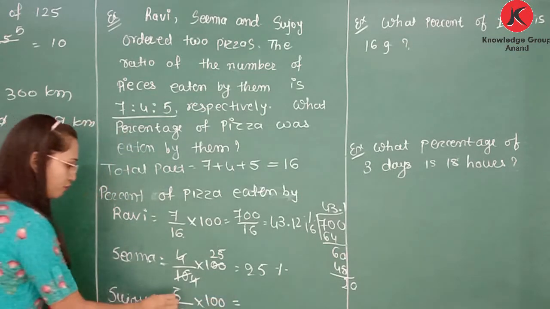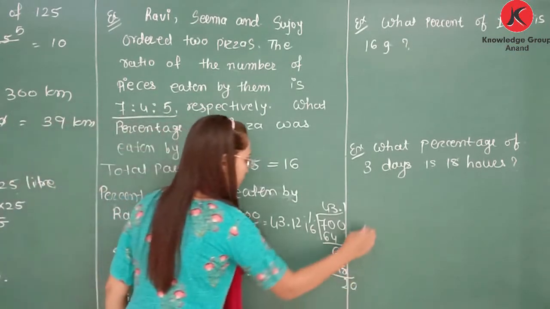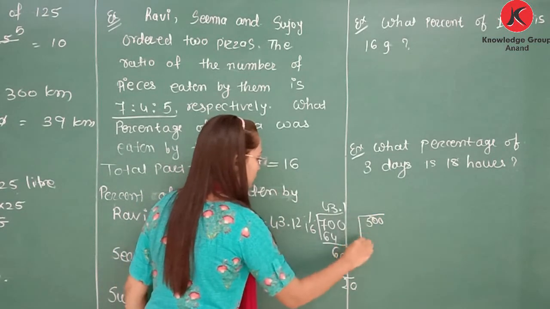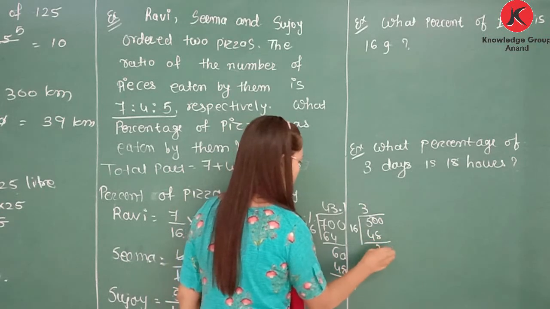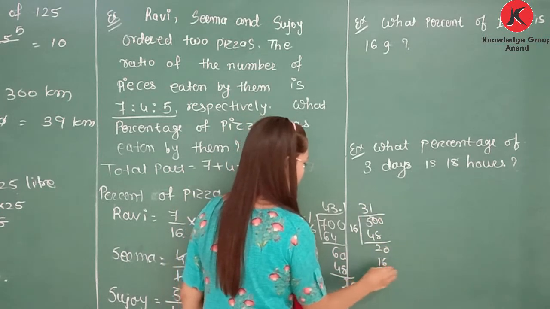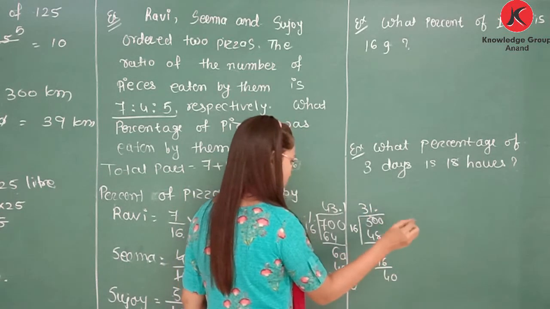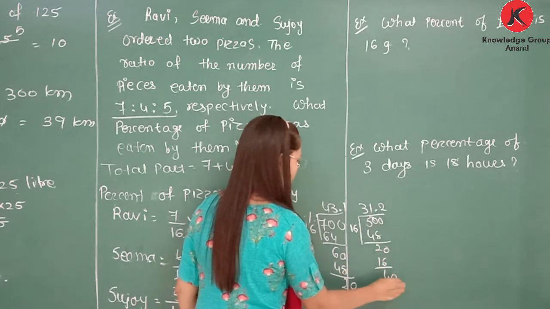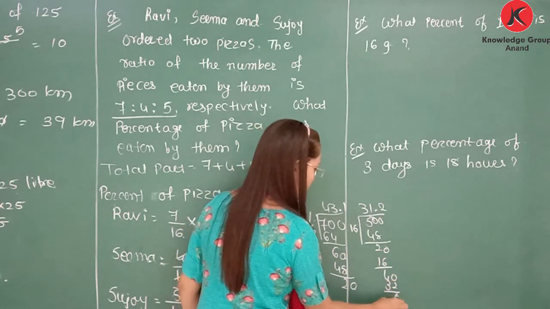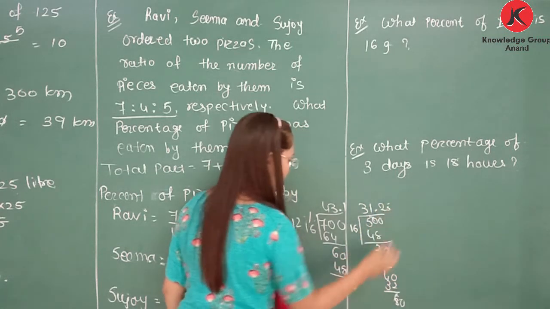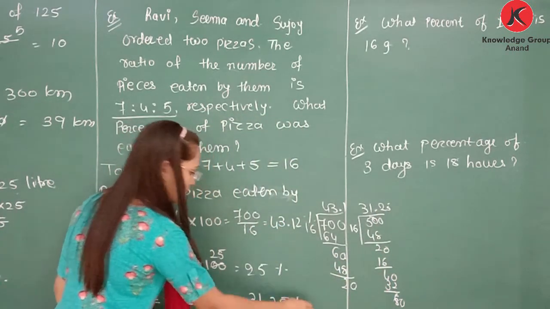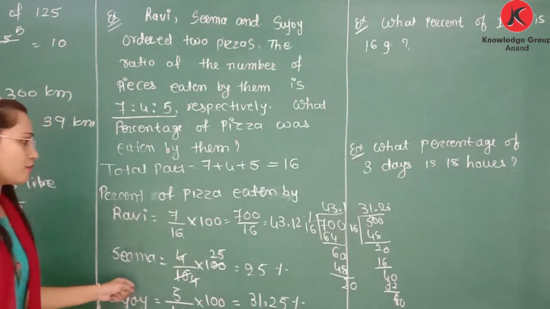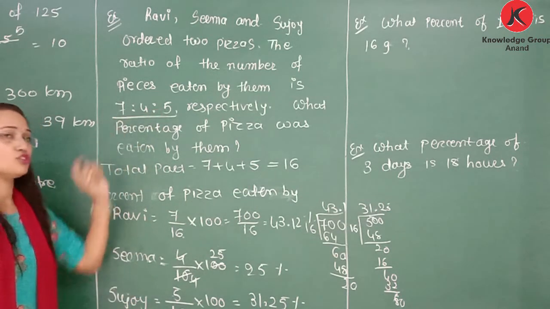So here 500 divided by 16. So it is 31.25%. Clear? So this way we can find the percentage if ratio is given.